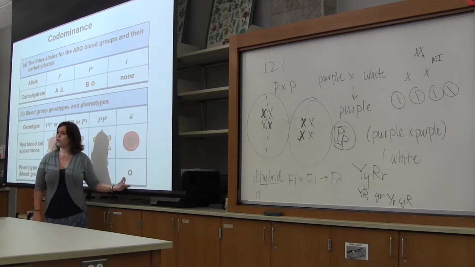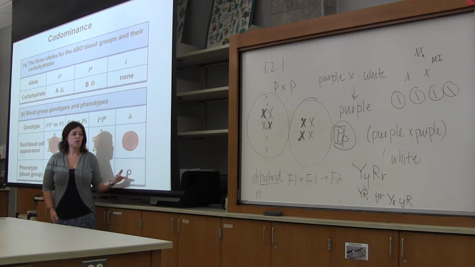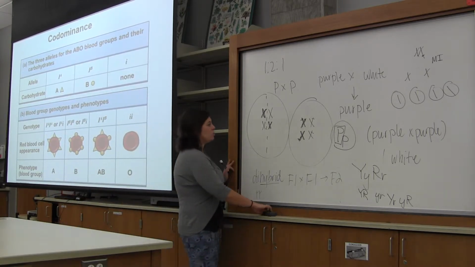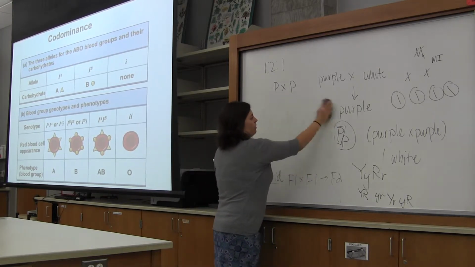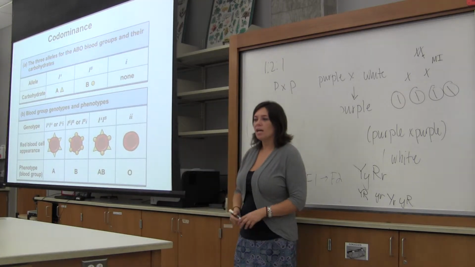And so you'll know that type O is the universal donor, right? The reason why is because blood typing has to do with your immune system. So your immune system, the way it functions, is it goes around looking for stuff that it doesn't recognize.